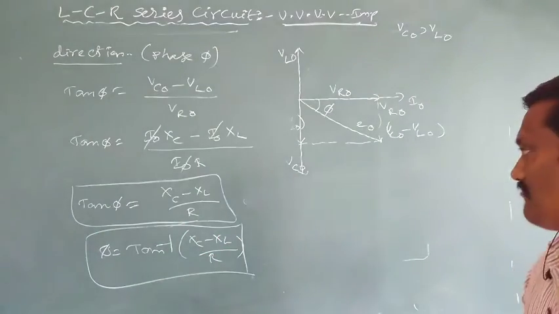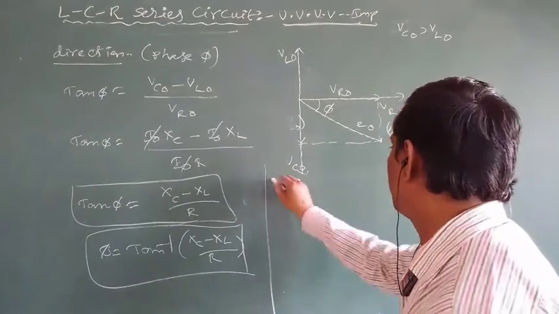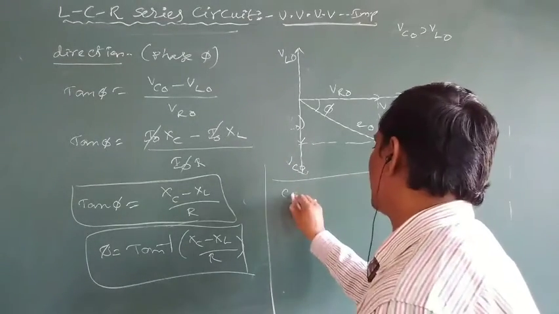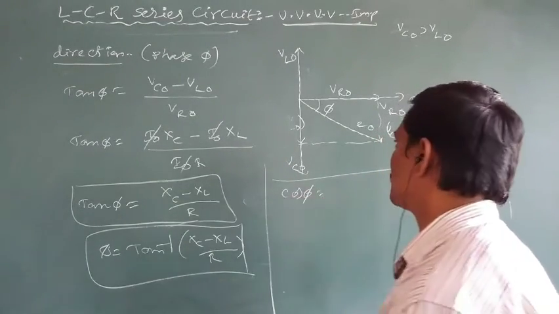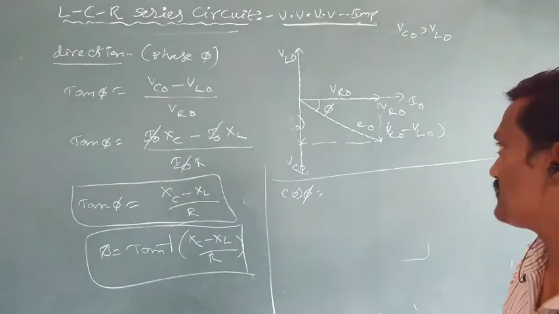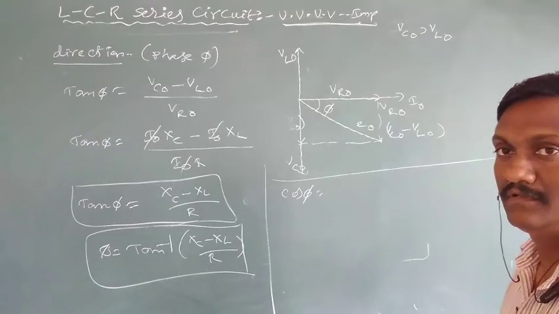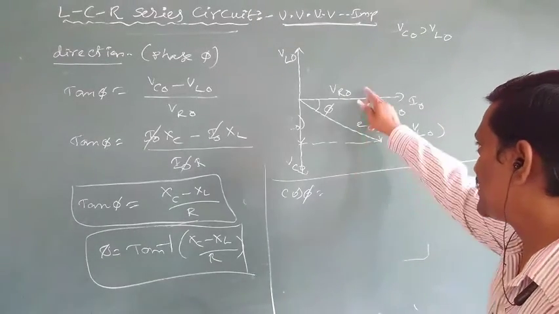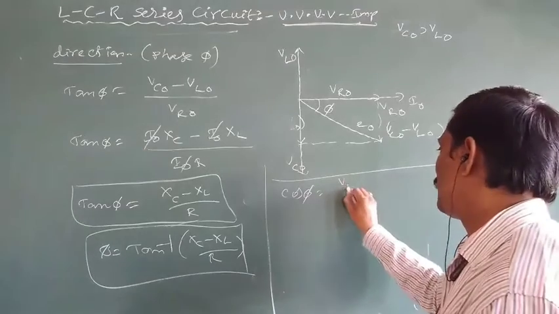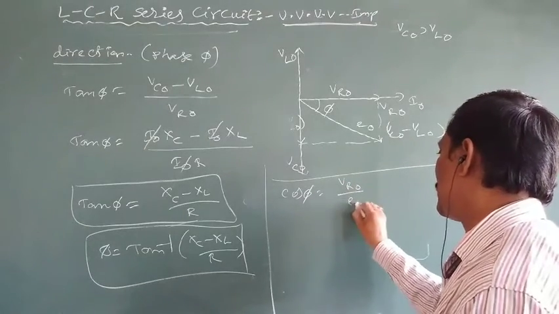From the same phasor diagram, the expression for cos phi: cos is adjacent side by hypotenuse, that is VRO by E naught.